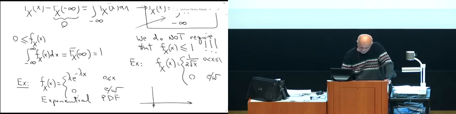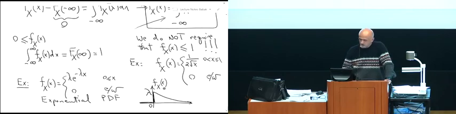And it looks like this. And at 0 it's what? Lambda. And lambda is assumed to be a positive quantity here. Otherwise, you'll run into trouble.